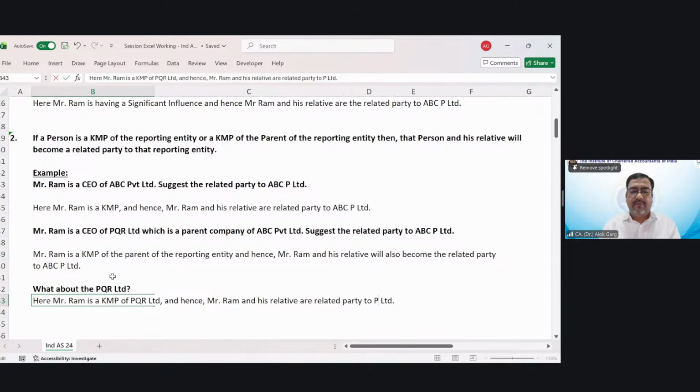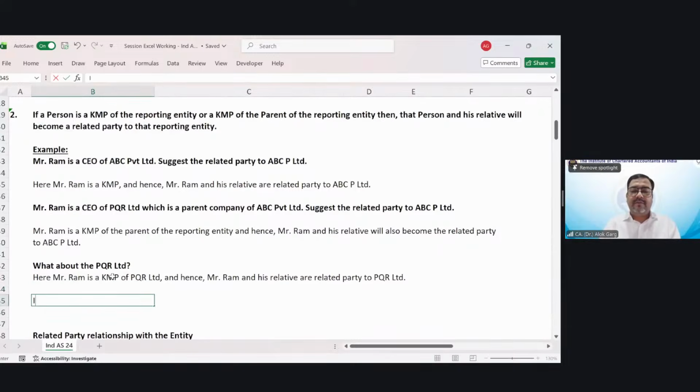So in the above case, Mr. Ram and his relatives are the related party to PQR as well as ABC.